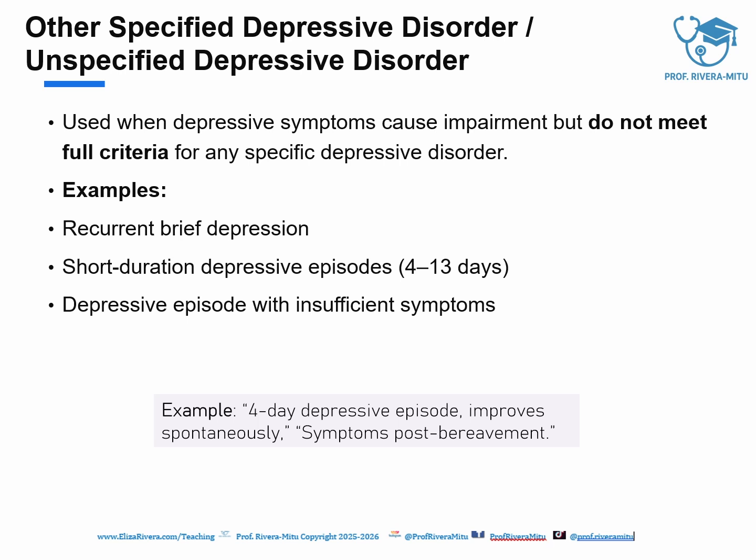The difference between specified and unspecified lies in documentation. Specified is used when you name the reason criteria aren't met. Unspecified when you don't. Boards may include these to test your understanding of subthreshold diagnoses. Some examples: 4-day depressive episode, improves spontaneously, or symptoms post bereavement.